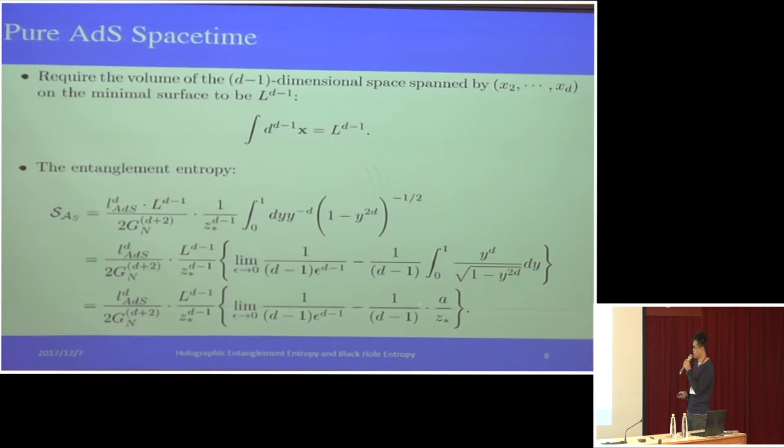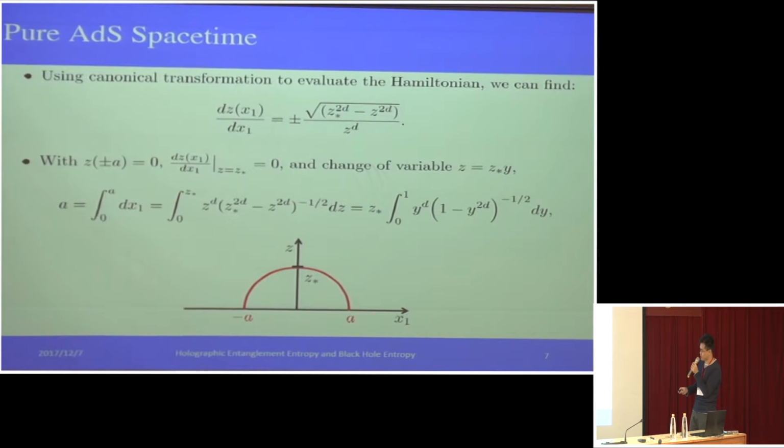It now looks like this. Here we can observe that there are two terms. The first term is a divergent term, and the second term is a finite term. We can observe that the first divergent term is proportional to x1 here, which means the area of the entangling surface.